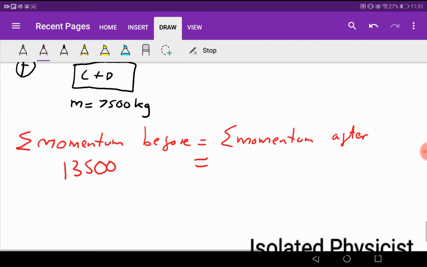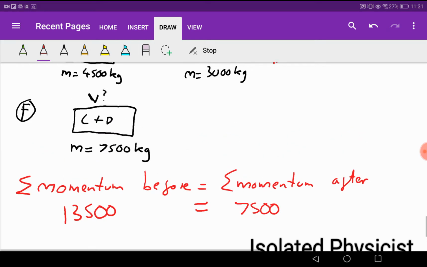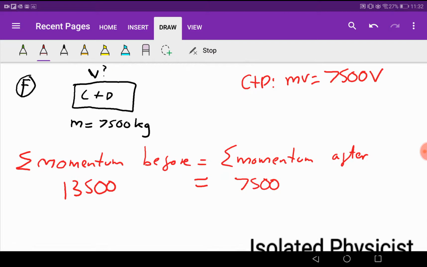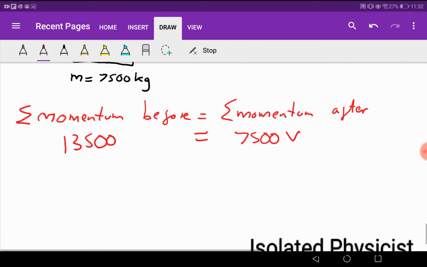Well, working out our C plus D system, the mv is going to equal 7,500 v. So that means 13,500 over 7,500 must equal v, which equals 1.8.